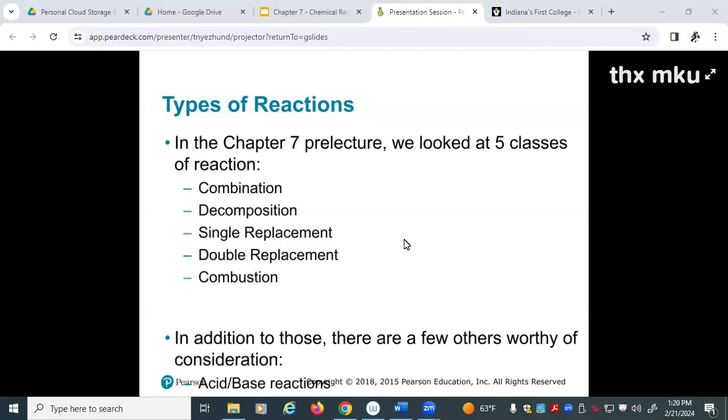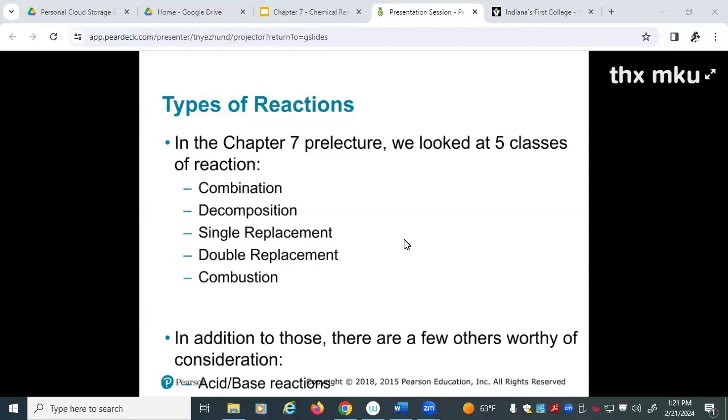Replacement reactions are very big on patterns, because what we'll see in replacement reactions is that those ions don't change. They just switch. And since the ions don't change and they just switch, it makes balancing a lot easier, because I don't have to worry about the individual atoms. I can worry about the ions themselves.